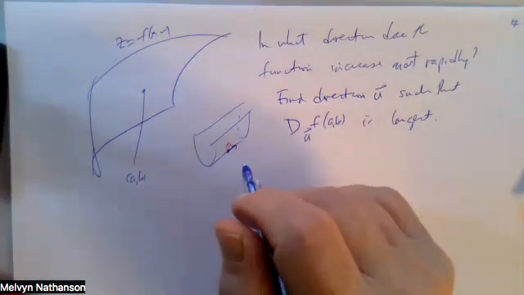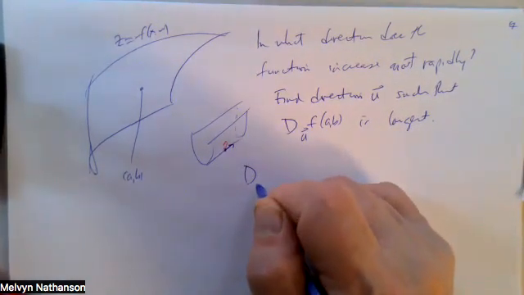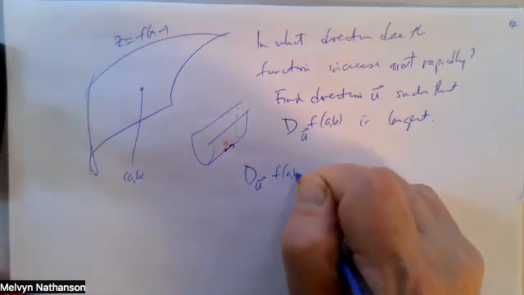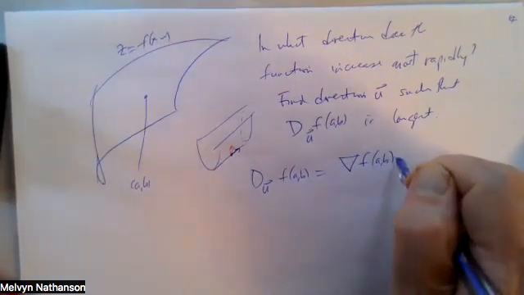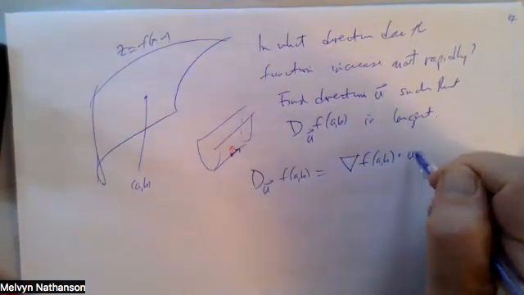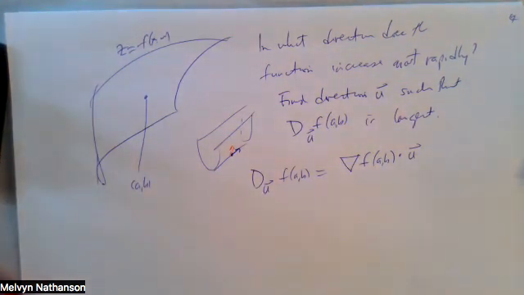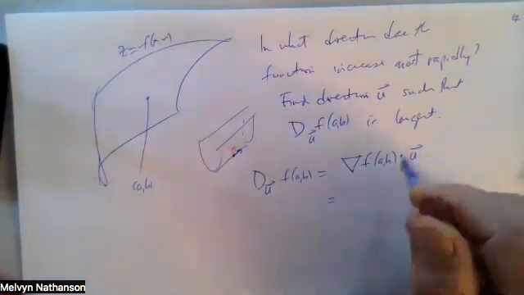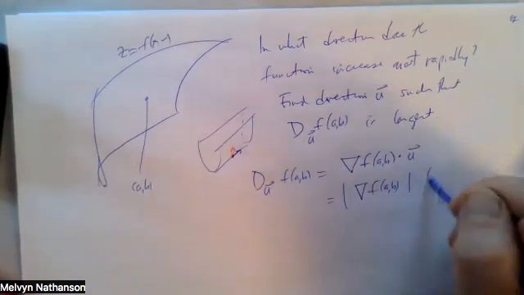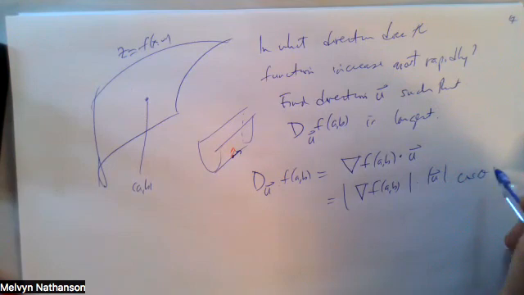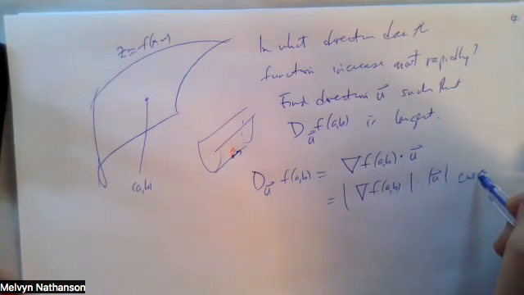Well, we recall the directional derivative of f at a, b in the direction of u is the gradient of f at a, b dot product with the vector u. And we want this to be as large as possible. Well, the dot product of two vectors is the length of each vector times the cosine of the angle between them.